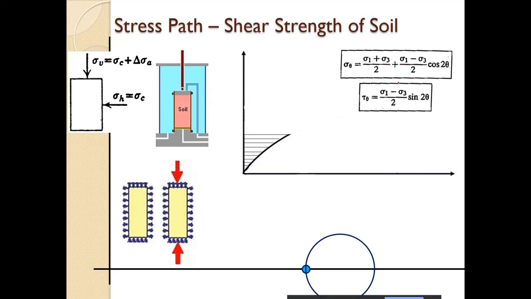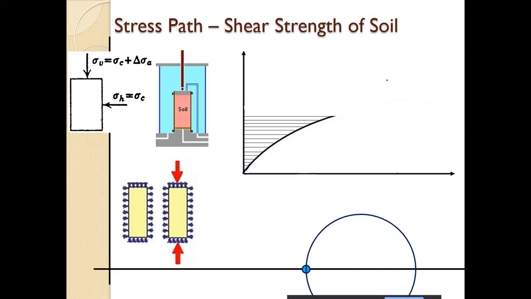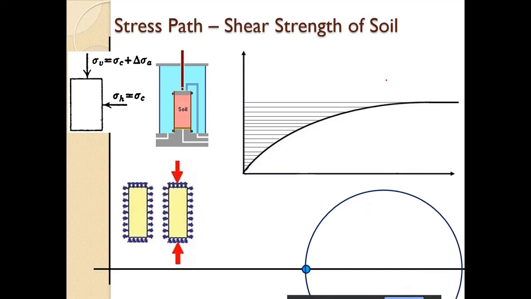We are going on loading, and ultimately after a certain value of load, here we have the proving ring, and this soil sample is moving up and up, but after a certain value of force from the proving ring, the soil cannot exert any more force.